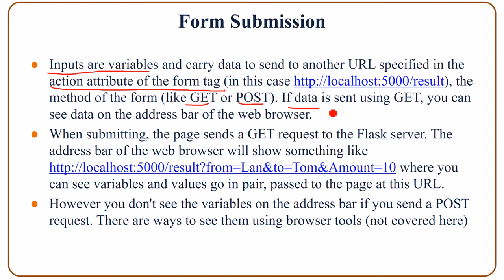If data is sent in get, then you can see data on the address bar of the web browser. So let's say on the form, if I change the method from post to get, then once you click the submit button, on the address bar you will see something like this.